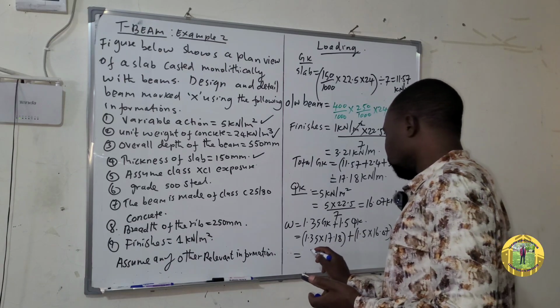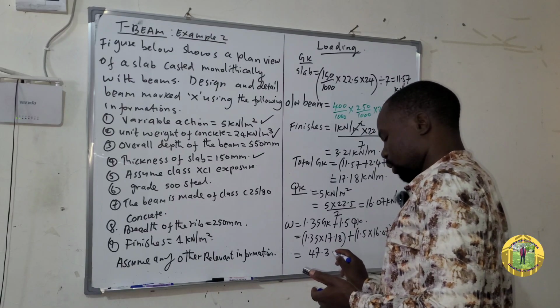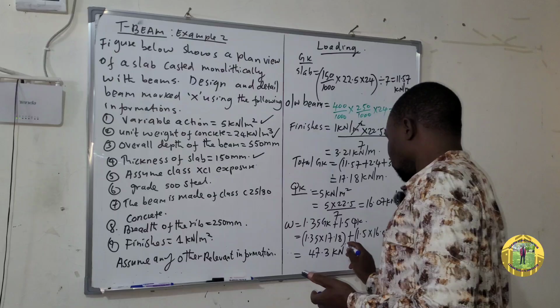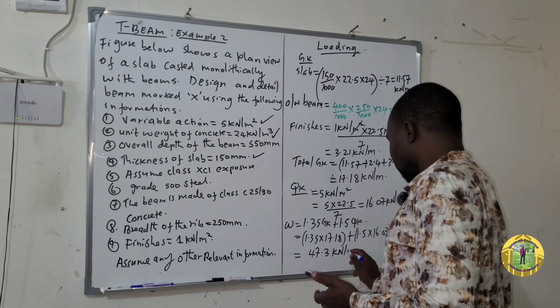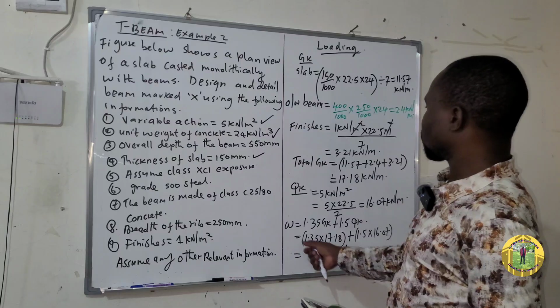So this is 47.3 kilonewton per meter. So this is the design ultimate load, which is W.